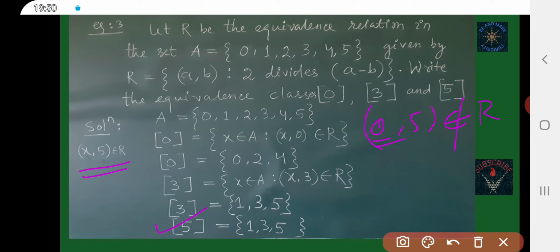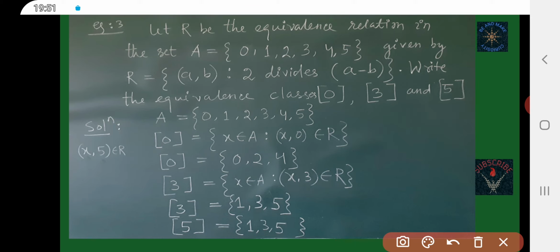Now you take (1, 5), which belongs to R, because 1 minus 5 is equal to minus 4, and minus 4 is divisible by 2. That's why 1 is related to 5, so you can take 1. Now you come to (2, 5), which does not belong to R, so we cannot take 2.